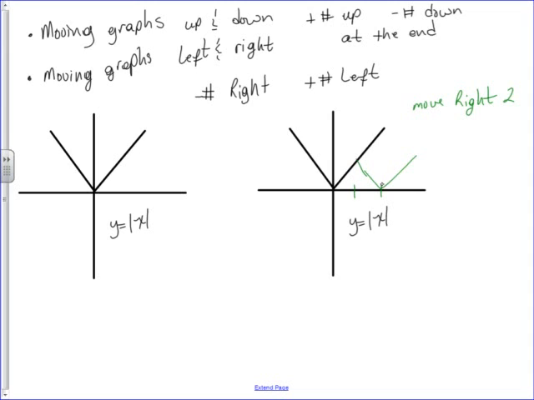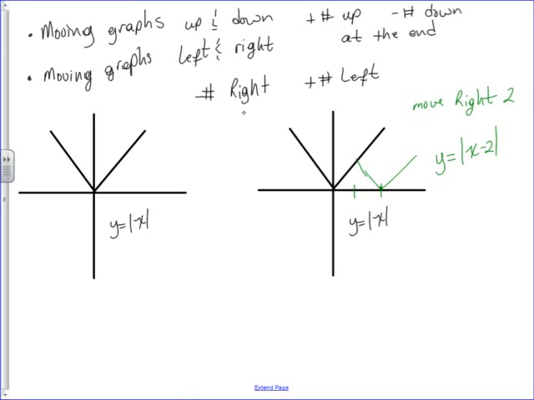Now, the vertex is here at x equals 2 instead of over here. Now, what does the equation for this look like? Well, you remember how I said that to move left and right, you need to directly affect the x? That means the equation for this is going to look like y equals the absolute value of x minus 2. See how it's inside the absolute value bars directly affecting the x? So that's a move to the right 2.